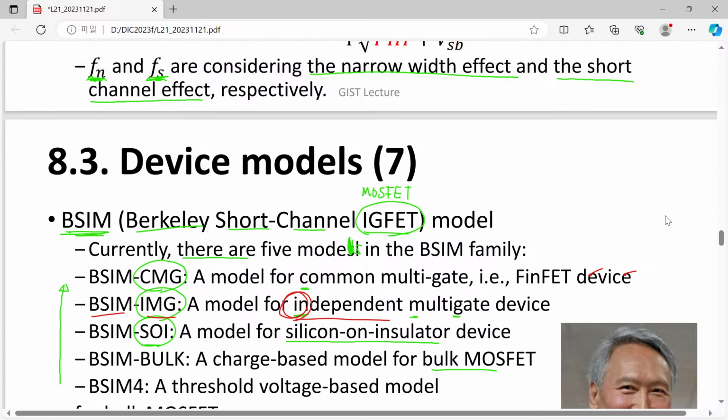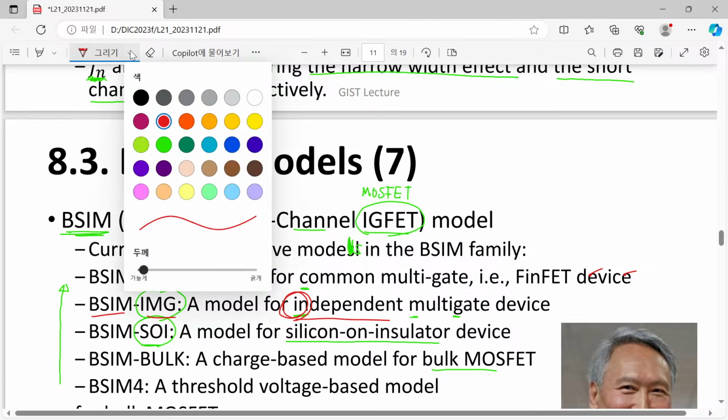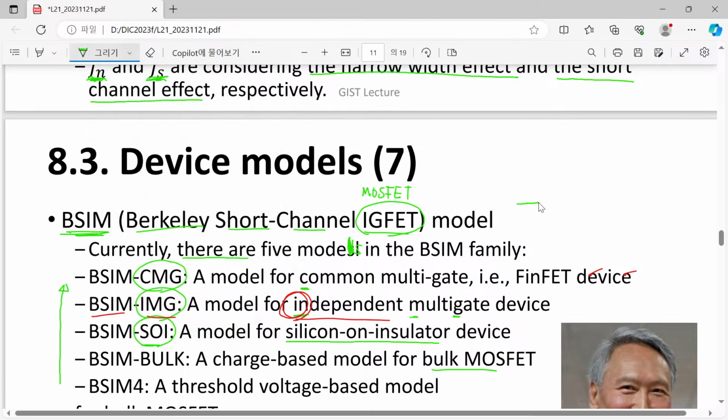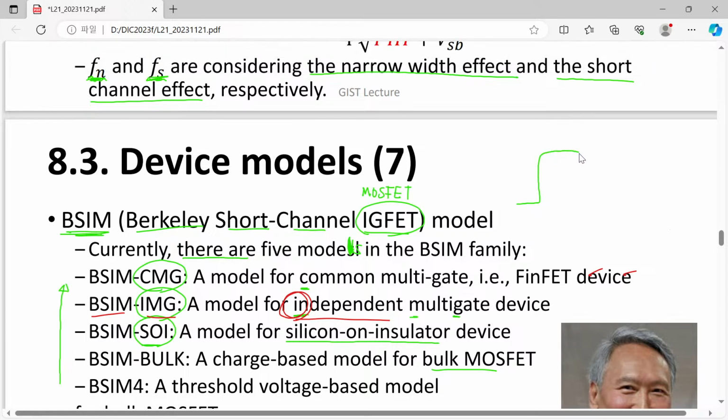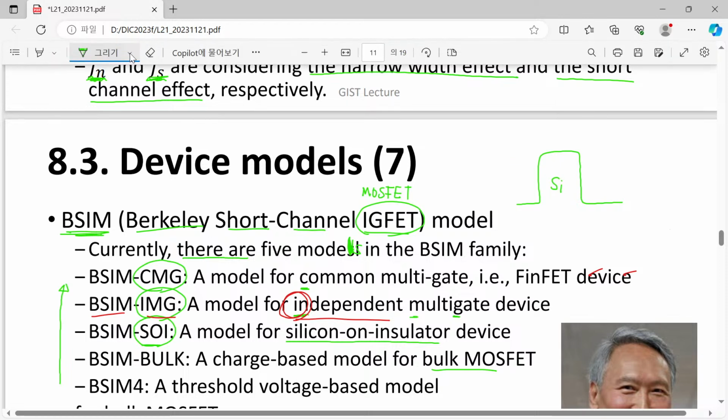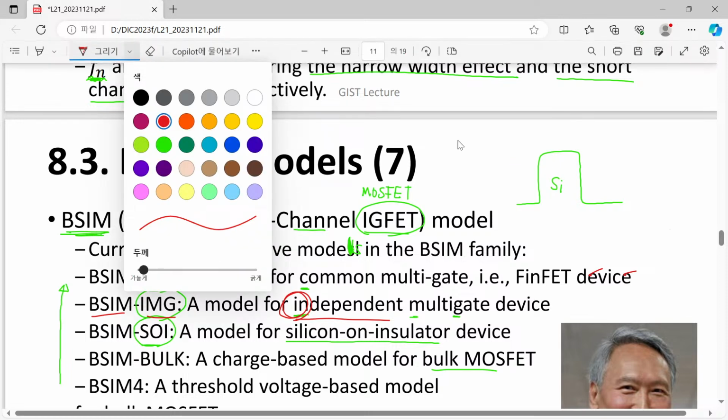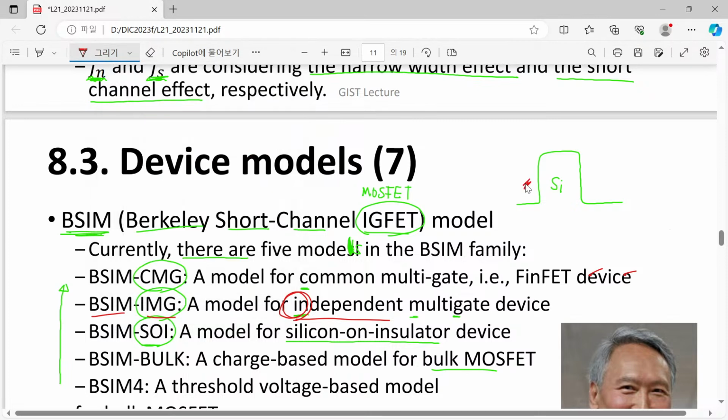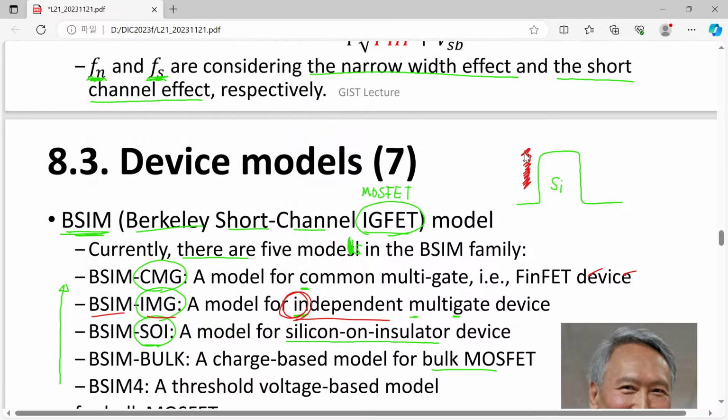Instead of this independent gate, this is silicon and the gate is just covering the three sides of our silicon.